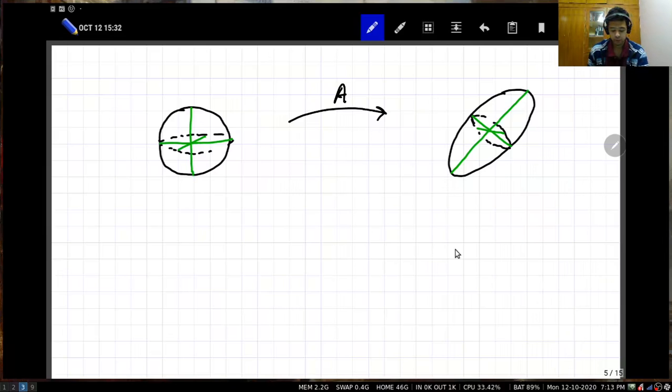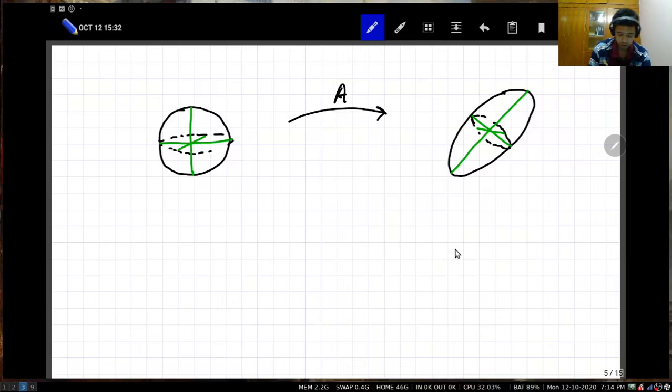Then if we multiply by a matrix A, then the circle gets transformed to an ellipse, right? And as we'll see later, the principal axis of this ellipse or ellipsoid corresponds to the eigenvalues of the matrix A transpose A.